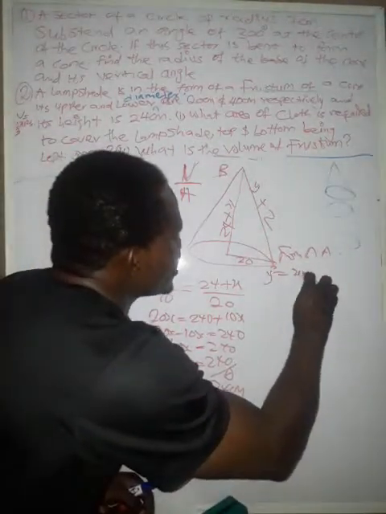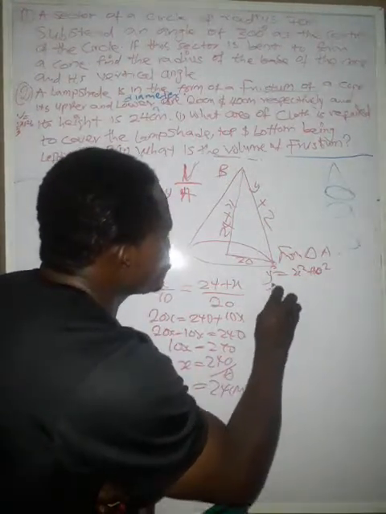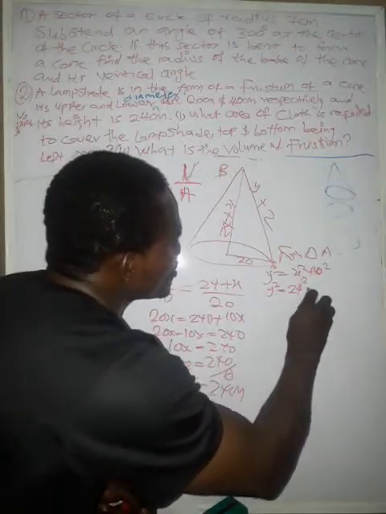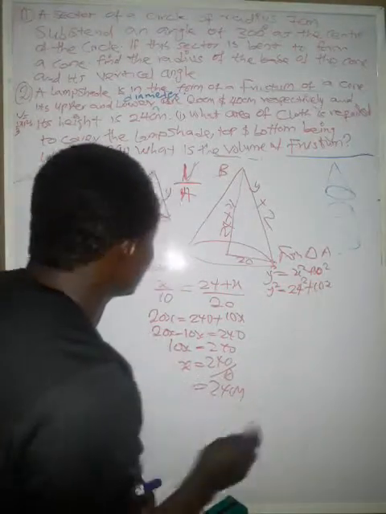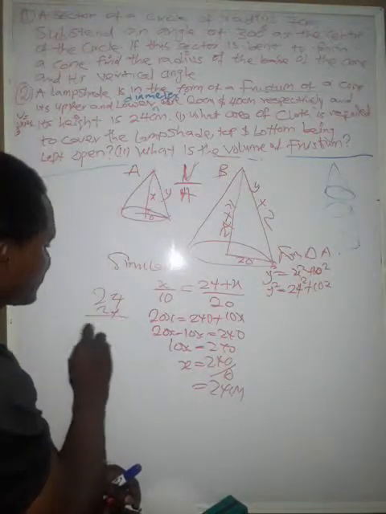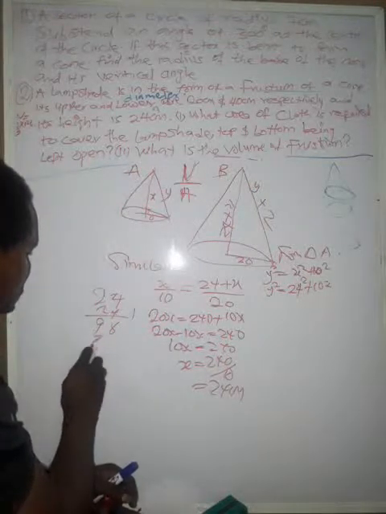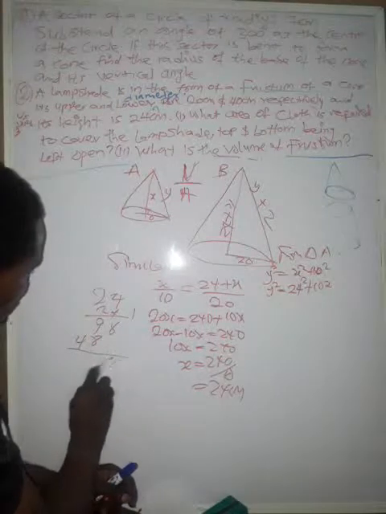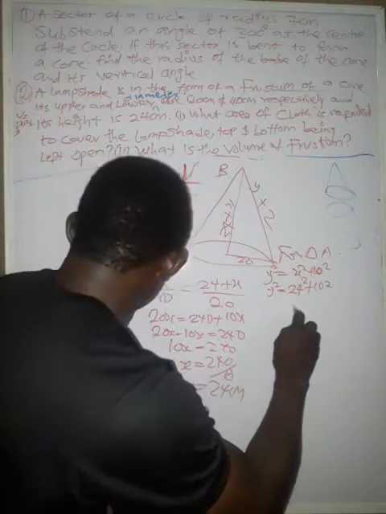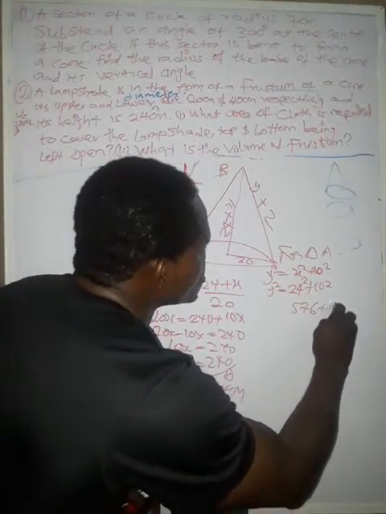So that is x squared plus 10 squared. And I've already known x as 24. 24 squared plus 10 squared. Because my calculator is not working, I have to do it by hand. 576 plus 100.